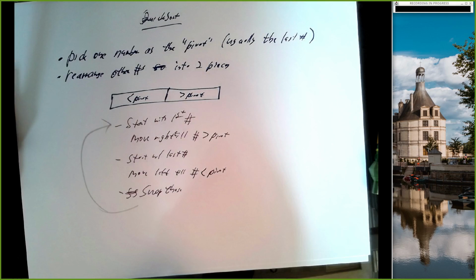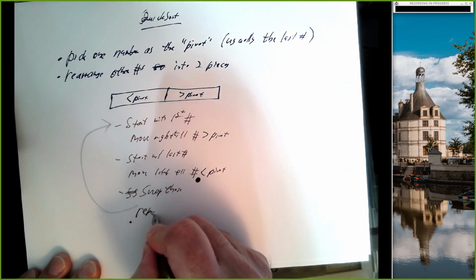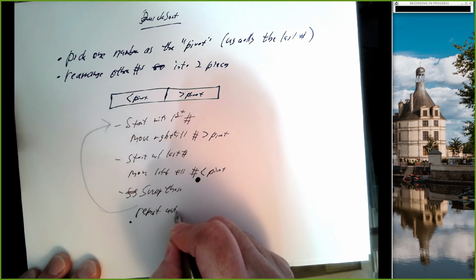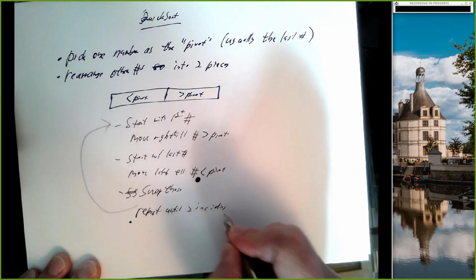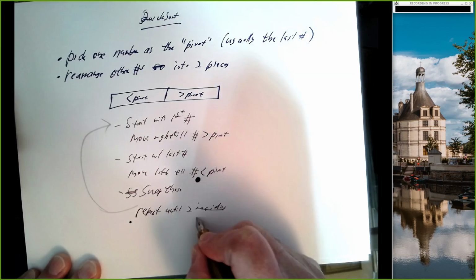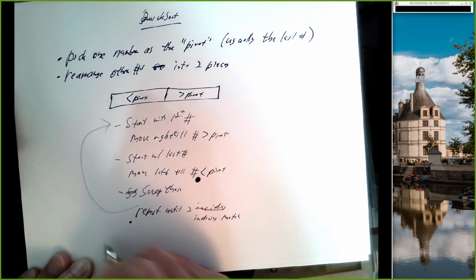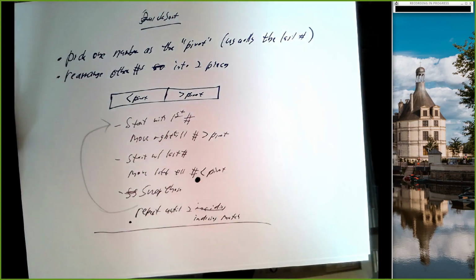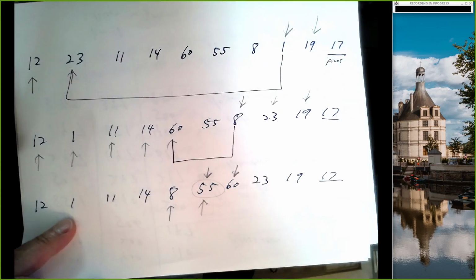Right? So we're going to repeat until two indices match. And so we found this number 55 in the middle.